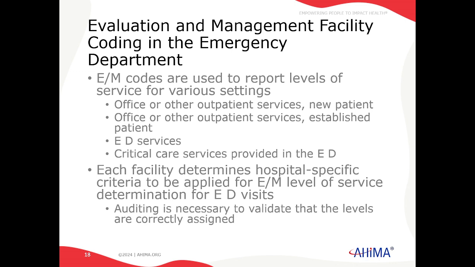Auditing is necessary to validate that. Table 14.8 on the top of page 297 shows you HCPCS CPT codes with the APC group, the APC relative weight, and then the APC payment that's been unadjusted. Just shows you some examples of those.